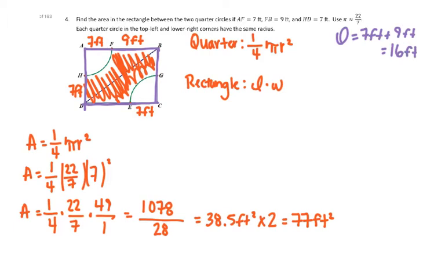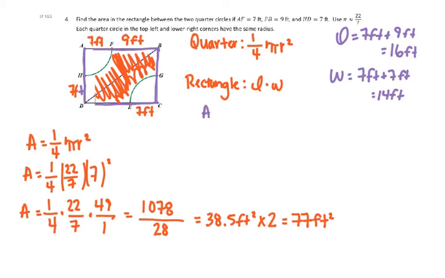And my width, remember, let me erase this so that you guys can see this. They said H to D was 7 feet. Well, this length looks like the same length as this one. So I'm going to find the width of my rectangle by simply saying 7 feet plus 7 feet equals 14 feet. So now I can find the area of my rectangle.